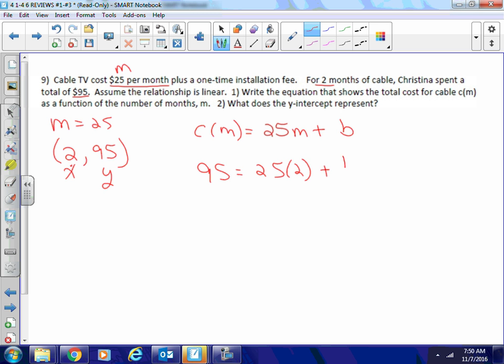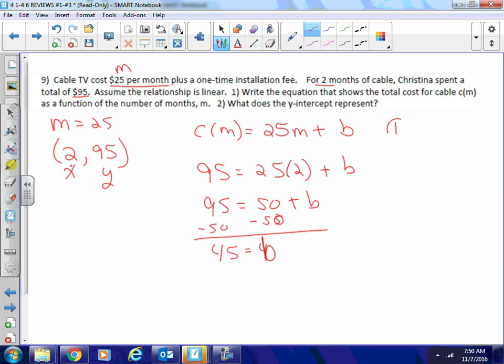And now we can solve for B. So 95 equals 50 plus B. If I subtract 50 from both sides, then we find out that B is 45. So we can finally write our equation.